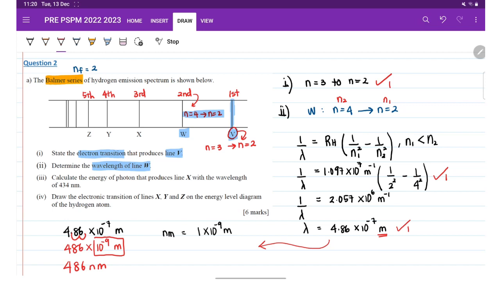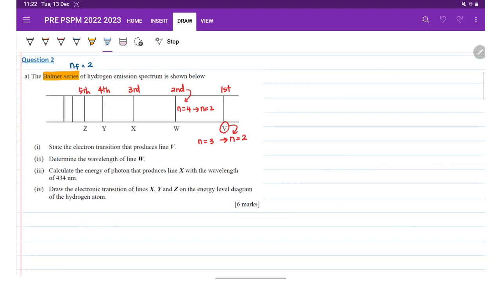Now let's move on to question A3. So question A3 diminta calculate the energy of photon that produces line X with the wavelength of 434 nanometer. Okay, so dia minta kita kira energy.